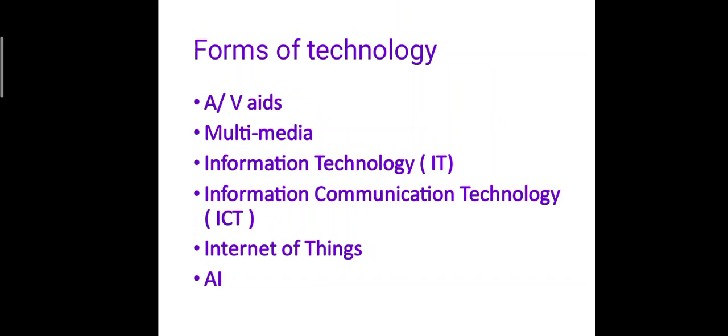Now the Internet of Things. The internet, at first we used it for dissemination of information, or gathering of information, or searching for some relevant information, or providing or sharing some information. And now that internet has evolved as the Internet of Things.